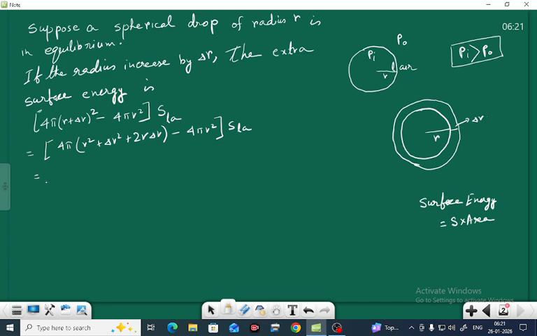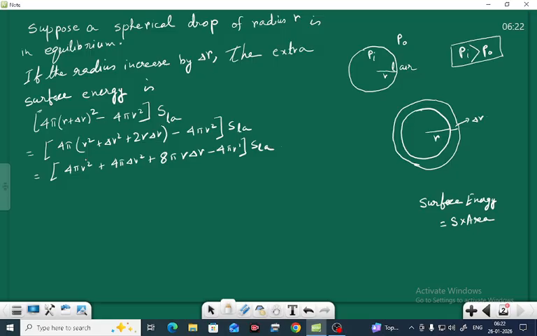Now we are getting 4 pi r square plus 4 pi del r square plus 8 pi r del r minus 4 pi r square, into S_LA.